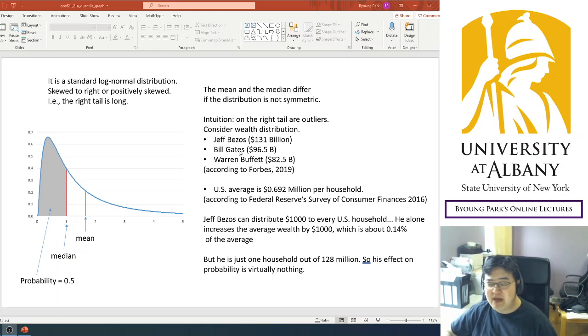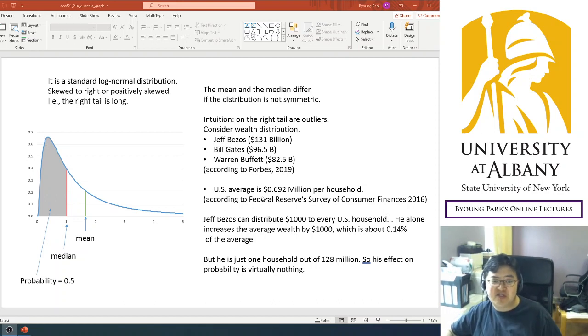Anyhow, Jeff Bezos, Bill Gates, and Warren Buffett were the top three in 2019. These guys are literally the outliers in our example.